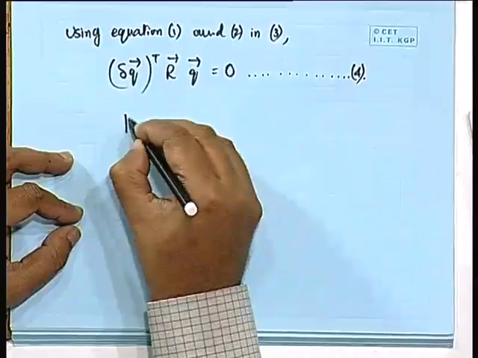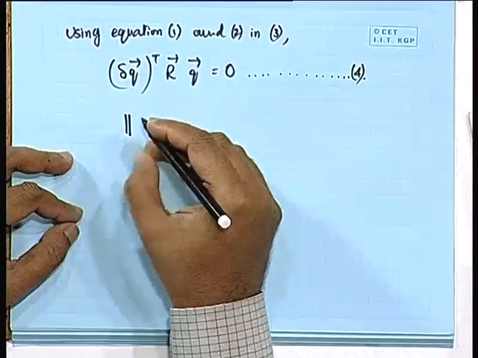Now, one constraint that will always be followed is that because we have assumed q to be a unit vector, even after perturbation it has to remain a unit vector.